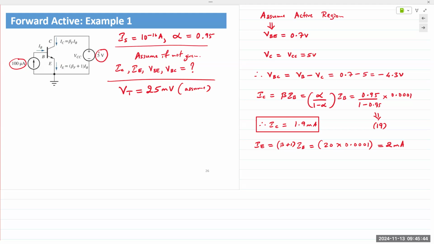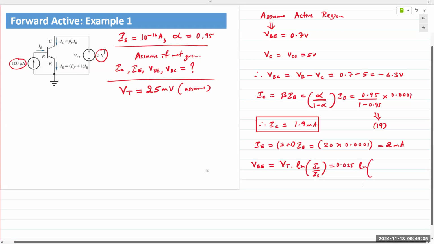VBE would be equal to VT times log of IC over IS: 0.025 times the log of 0.0019 divided by IS, 10 raised to minus 16.